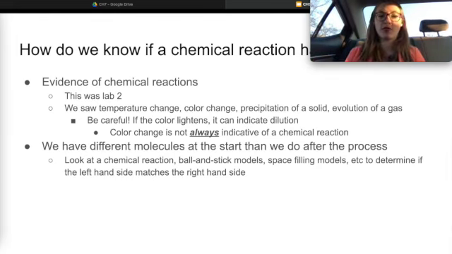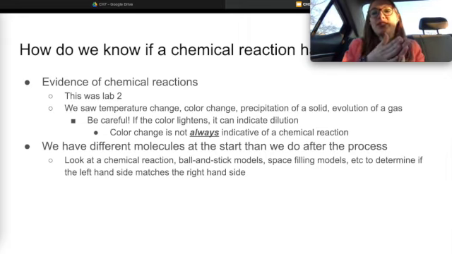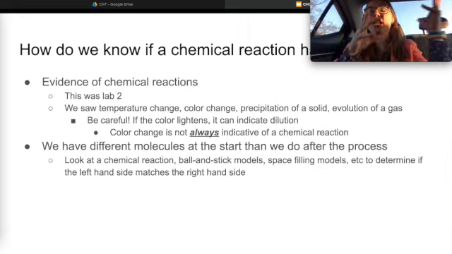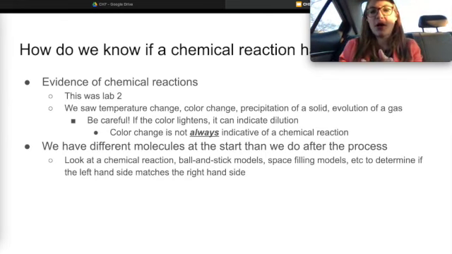However, you have to be careful because if the color lightens, it can indicate dilution rather than an actual chemical reaction. Are you just seeing the color get lighter because it's getting more dilute or less strong? Or is the color change an actual change in color? Because if it's a change in color, it's a chemical reaction. But you got to be careful a little bit there.